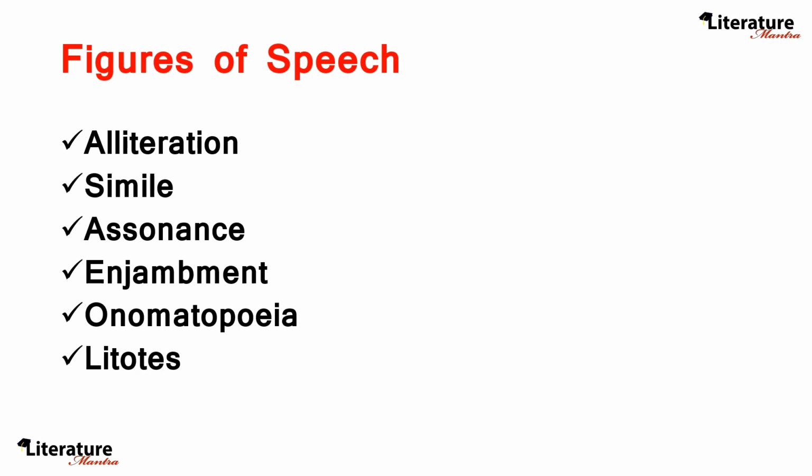Then comes figures of speech. See, figures of speech are always important in literature-based exams. For example, the famous ones: alliteration, simile, assonance, enjambment, onomatopoeia, litotes, apostrophe, metaphor, personification, all of that. And the reason why I'm emphasizing this is that you will get direct questions from figures of speech.